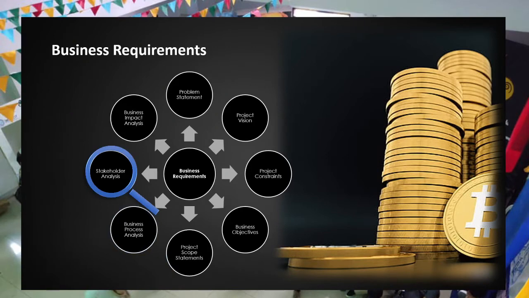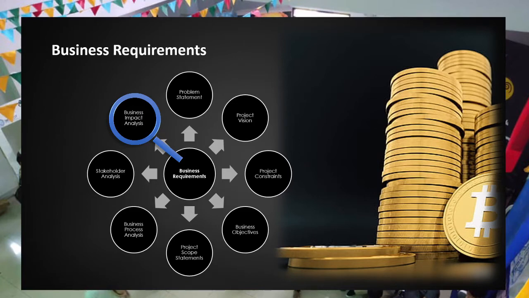Another important part of business requirements analysis is stakeholder analysis. A stakeholder analysis is a process of identifying the stakeholders before the project begins, grouping them according to their levels of participation, interest, and influence in the project, and determining how best to involve and communicate with each of these stakeholder groups. Business requirements analysis may also include business impact analysis or BIA.